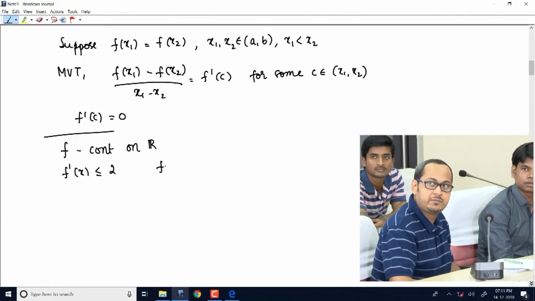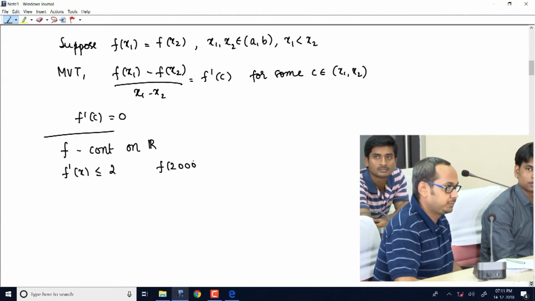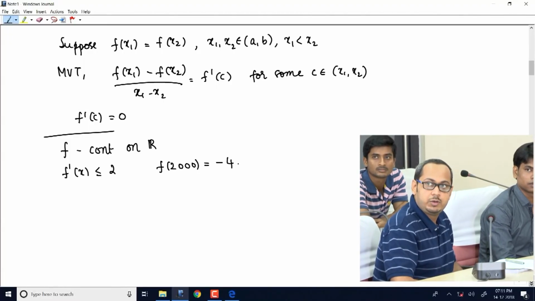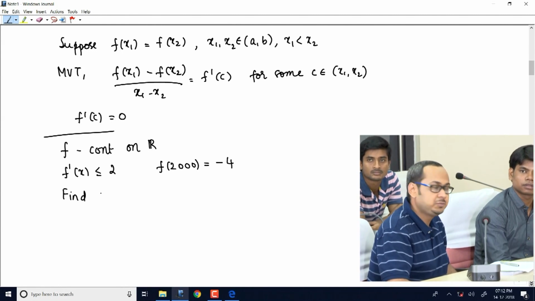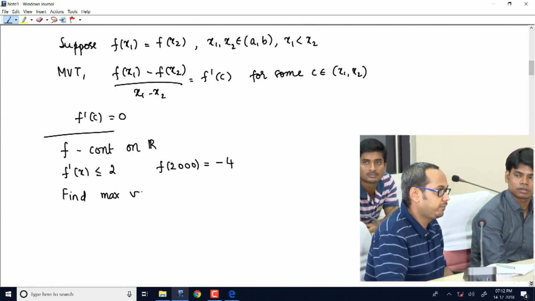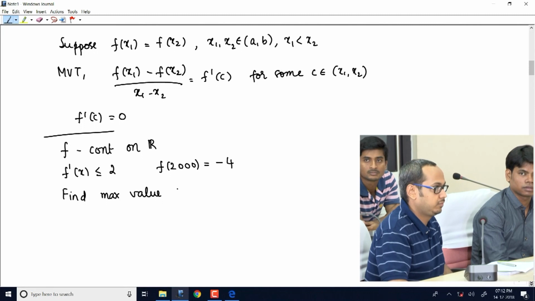In the first question we were given the values at the two boundary points, minus 10 and 10, but in this case it is only given that f of 2000 is minus 4. So you have to find the maximum possible value of f at 2018.